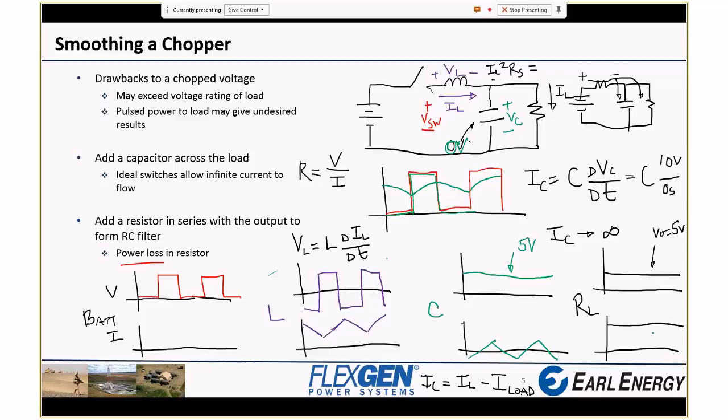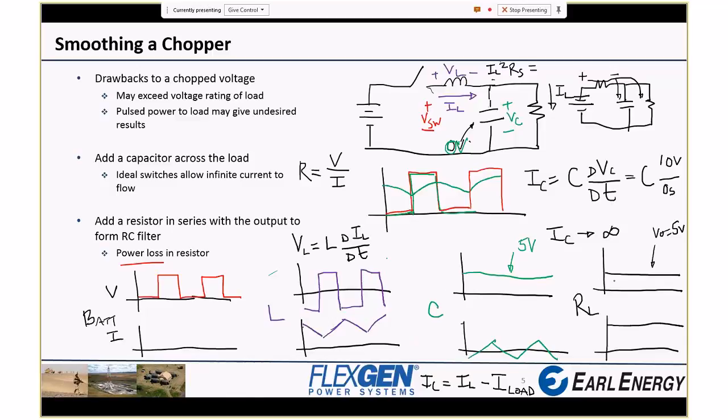By the same reasoning as before, where we said the load current had to flow through the series resistance, the load current must flow on average through the inductor, because that's where the source is. The source is behind the inductor, so it has to flow through there. But hold on.